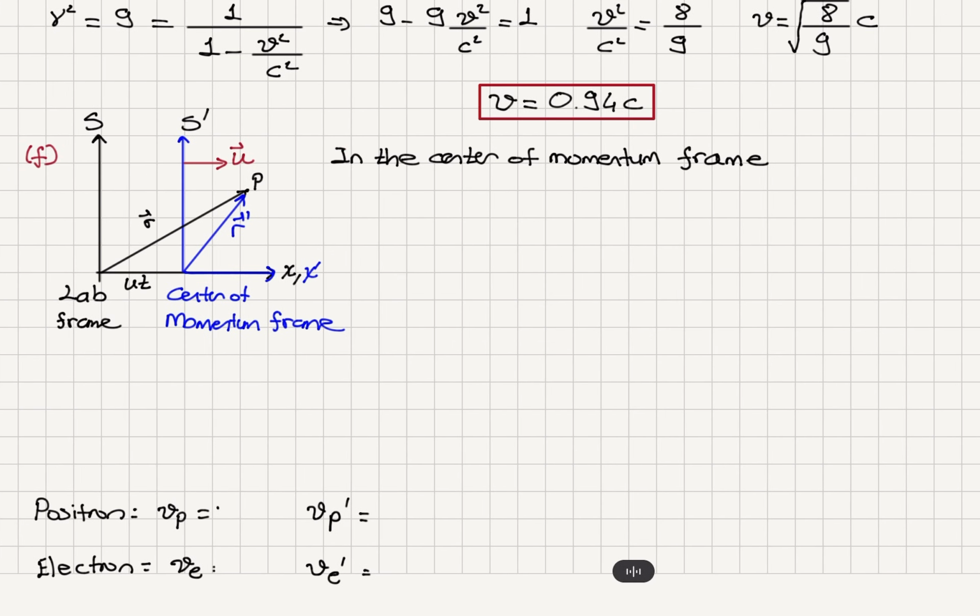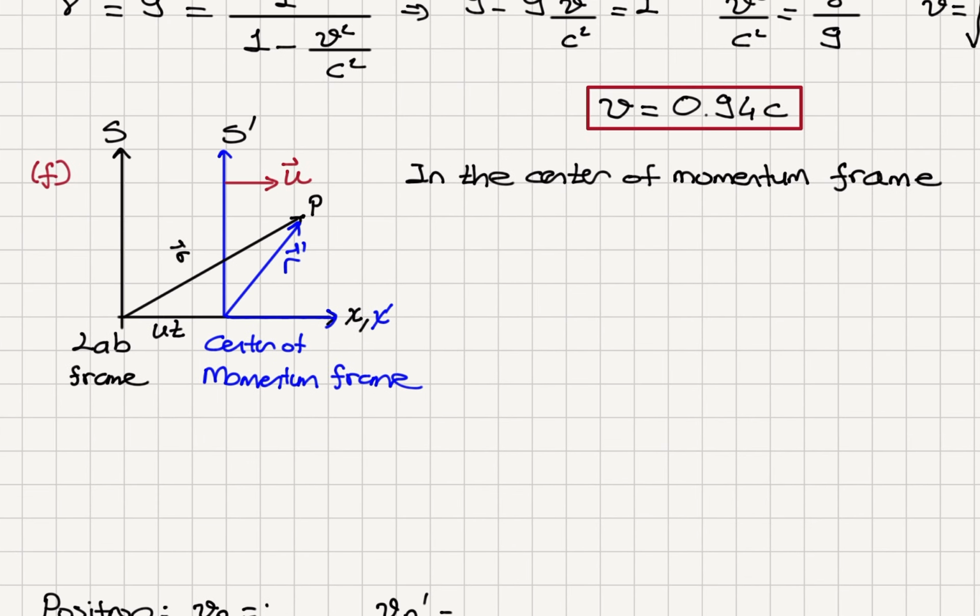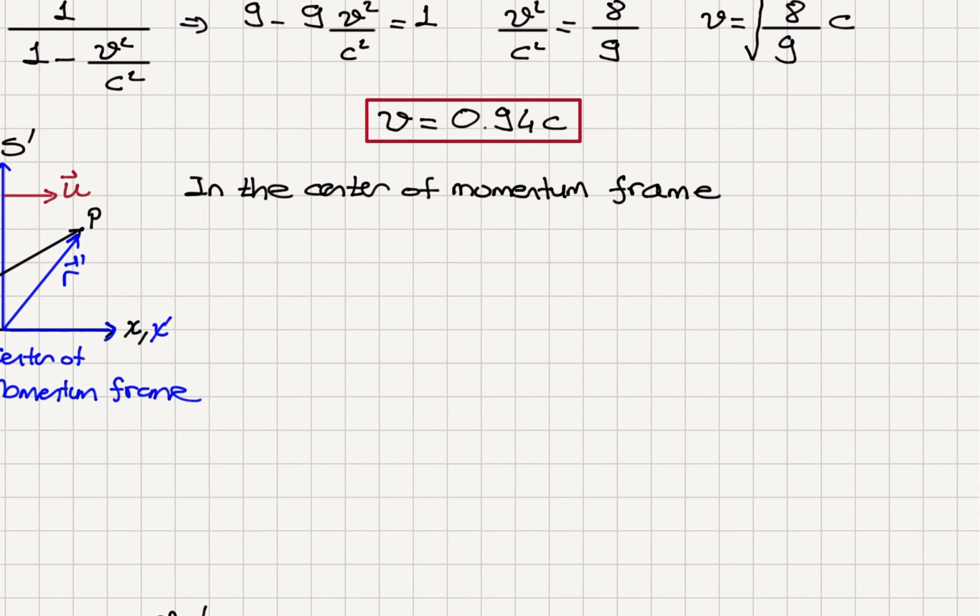So we have a center of momentum frame that moves with a constant speed u with respect to the lab frame, and in this reference frame the total momentum is 0. So the total momentum measured in the primed reference frame should be equal to 0.